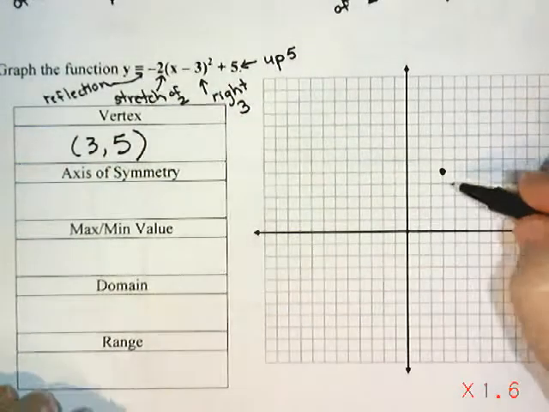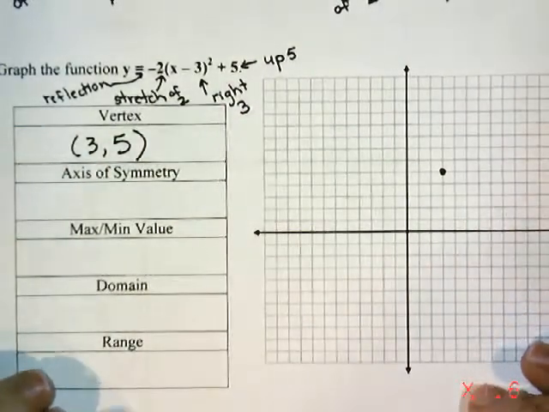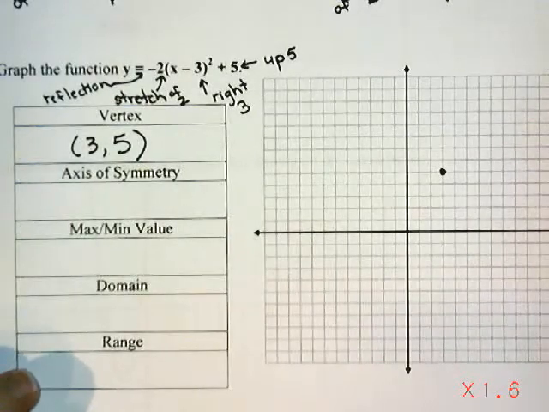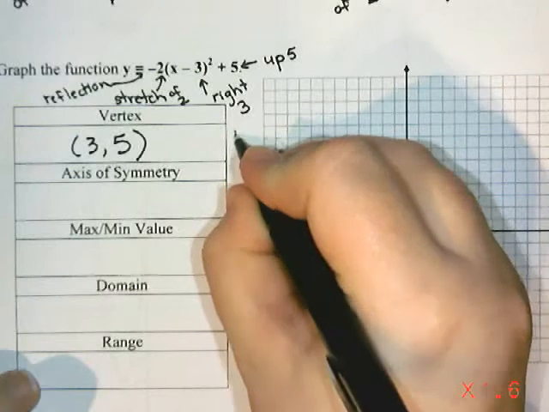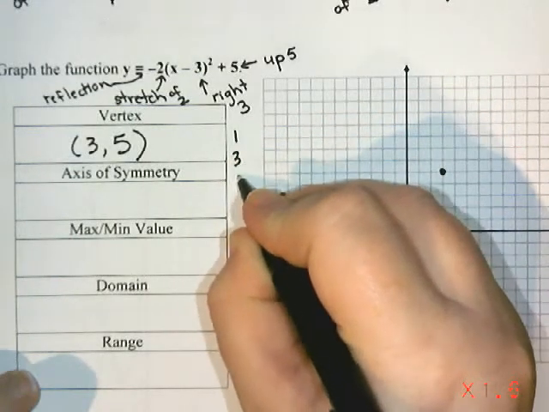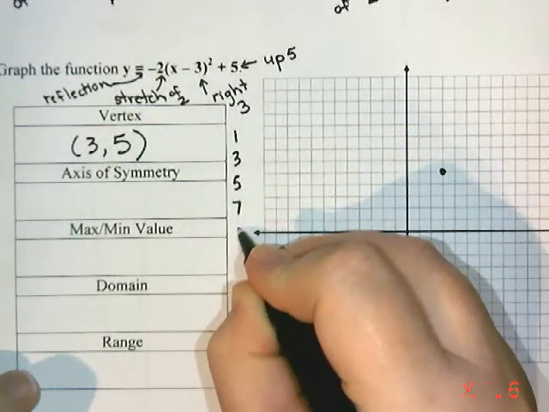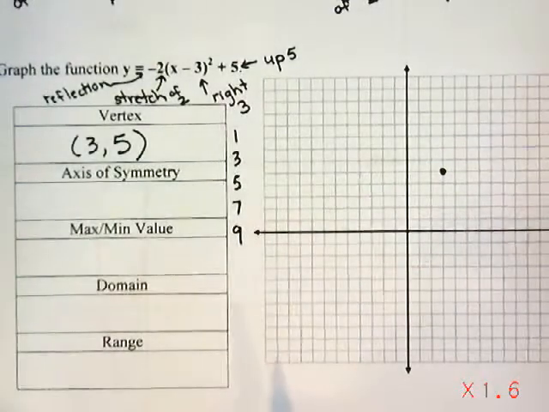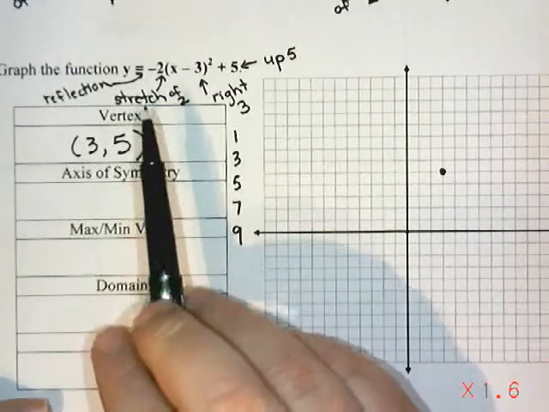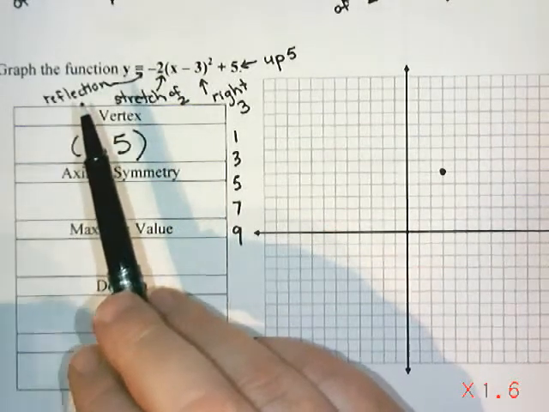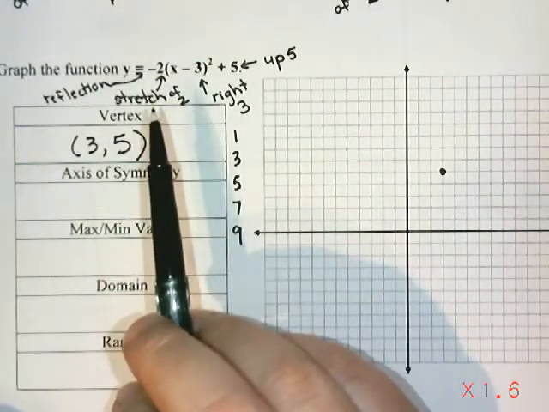Now from there, we're going to use what we call the step pattern to help us find the remainder of the points. So a regular parabola goes up 1, then 3, then 5, then 7, then 9, and it continues, but we definitely won't be able to fit it on a grid this size. My graph is being reflected, so flipped upside down, and stretched by 2.